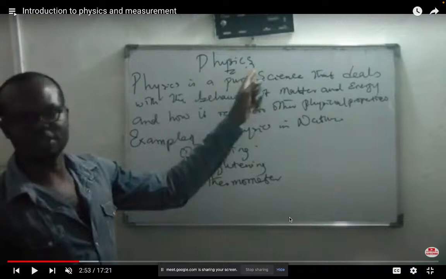So in physics, we are looking at the behavior of matter and energy, how they relate to other physical properties. Examples of physics in real life include lightning. Lightning is what happens before you see thunder. So lightning happens on the principle of physics. Then the thermometer is what they use to measure your temperature. When you're sick, you go to the hospital, and the first thing they do is take your temperature.